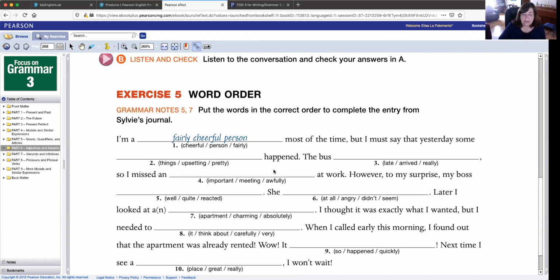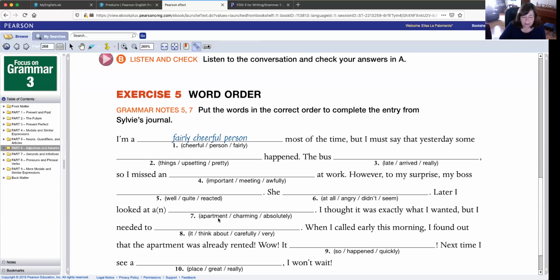This is actually not from that list of opinion, size, age, etc. They're only giving you 3 words, and they're giving you a noun, meaning noun, or verb, like reacted.